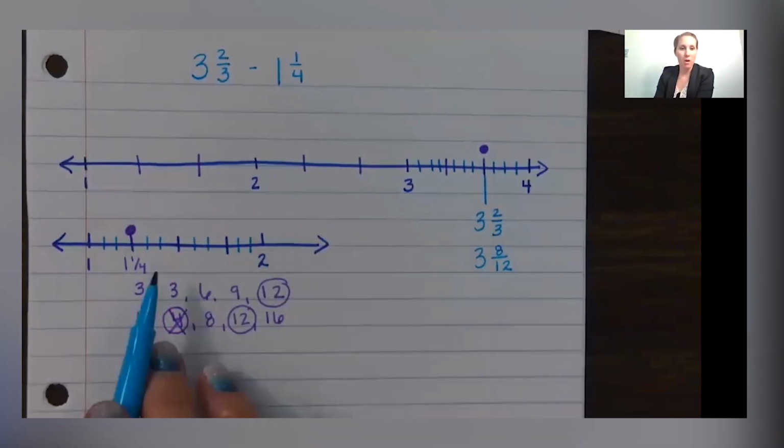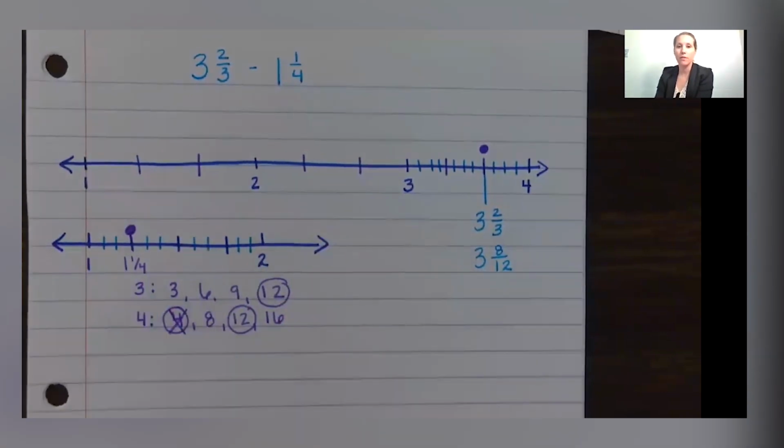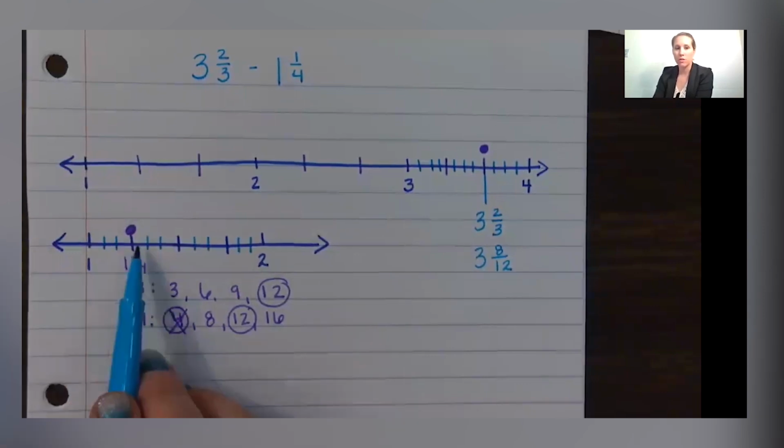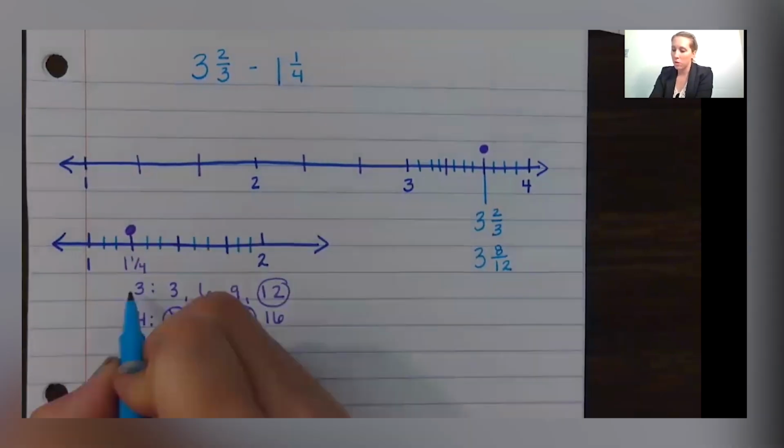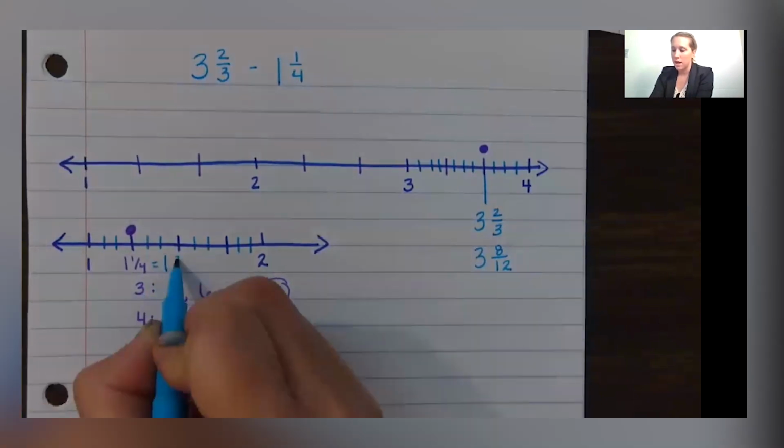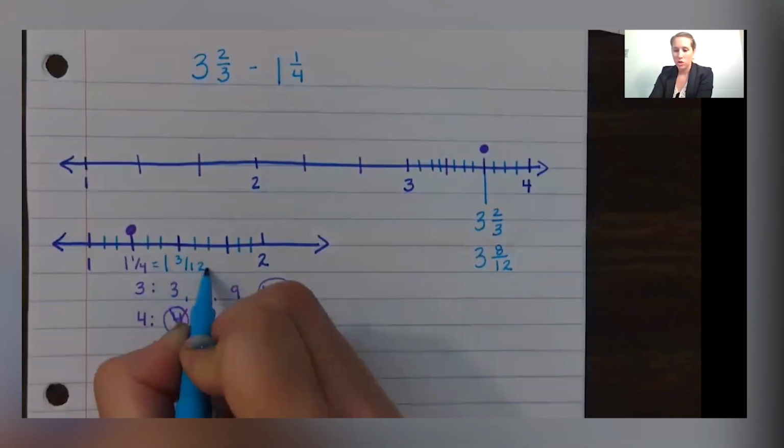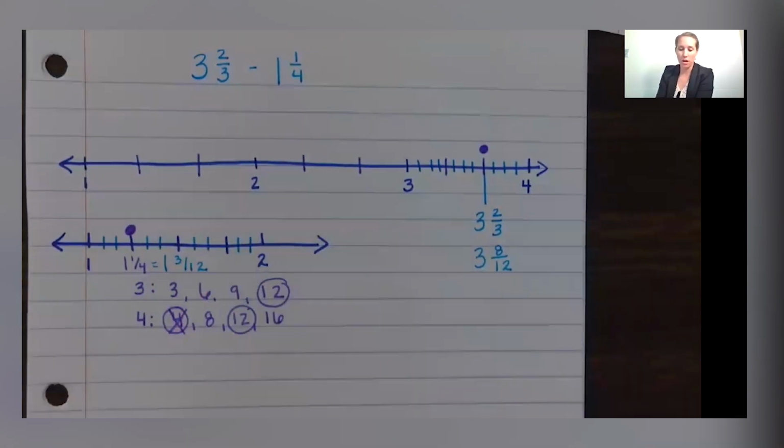So what can we say? 1 and 1/4 is equivalent to how many 12ths? 1/12, 2/12, 3/12. So 1 and 1/4 is equal to 1 and 3/12. Excellent work.